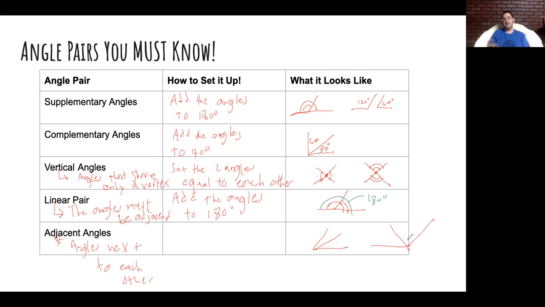We don't get into problem solving, as adjacent is not going to give you a lot of information. Please make sure that you have this table down. The how-to-set-it-up column tells you what you need to do algebraically to come up with the correct setup every time, and what it looks like is going to help you with the picture problems as well.